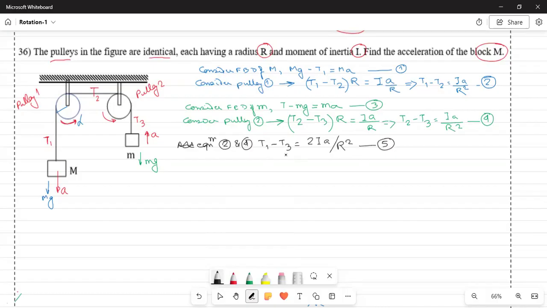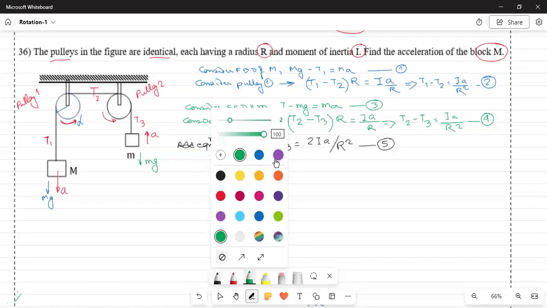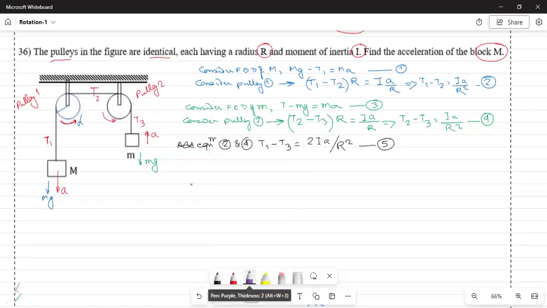There is another way of finding T1 minus T3, using the kinematics idea with these tension values and masses.